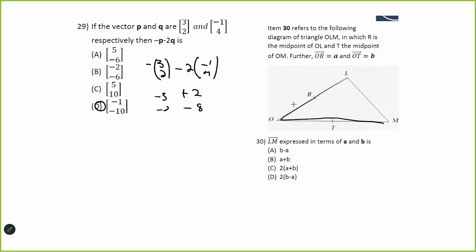We know that OR is A and RL is also A and OT is B and this is also B. So if we're going in the opposite direction, it would be L to O, and then O to M. L to O is negative 2A plus 2B. So that would be negative 2A plus 2B, which would be D. And that's the end of January 2021.